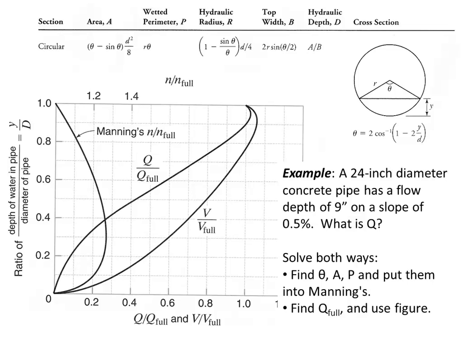And so n value varies as a function of depth. And a chart like this can help us to account for it. So this is the wrong approach. Remember that if you're going to find the angle, and with that get the area and the wetted perimeter, then you need to find a modified n value for that.